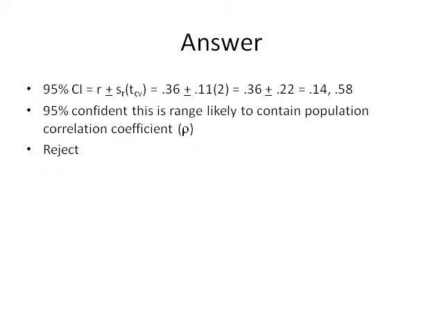We would interpret this interval by saying that we were 95% confident that this is an interval likely to contain the correlation coefficient in the population. In addition, we would reject the null hypothesis because the value associated with the null, which is 0, does not fall within the confidence interval.